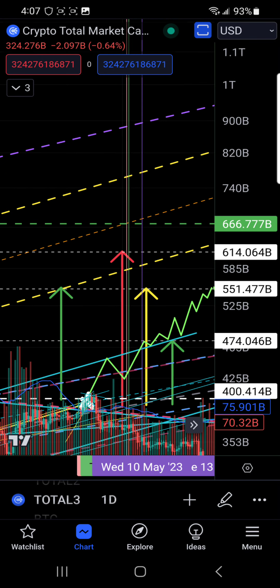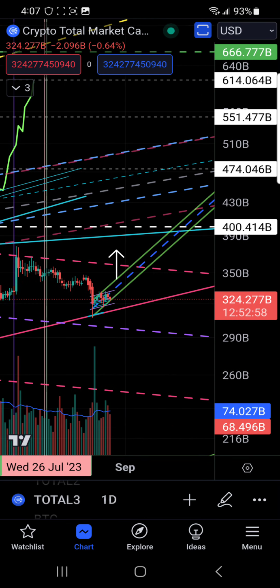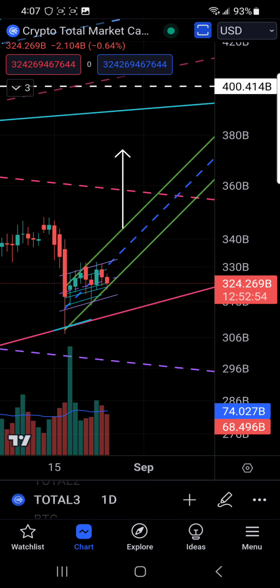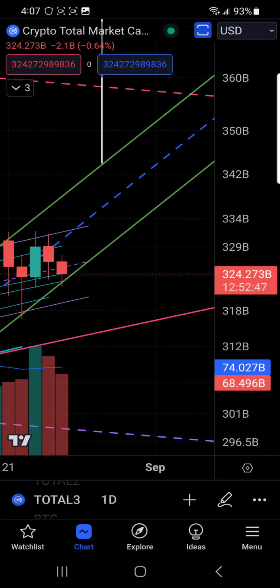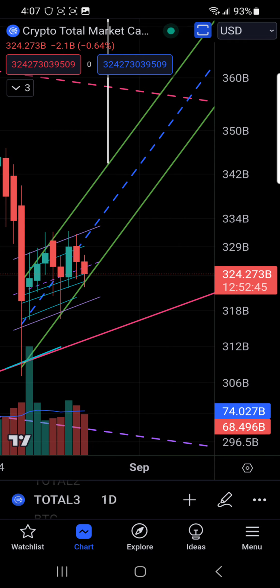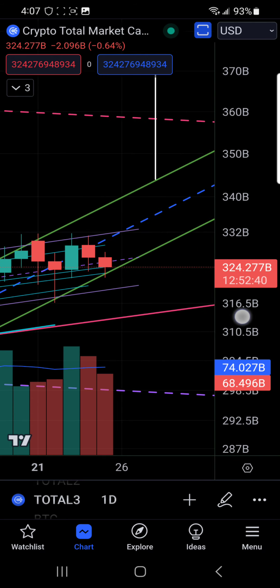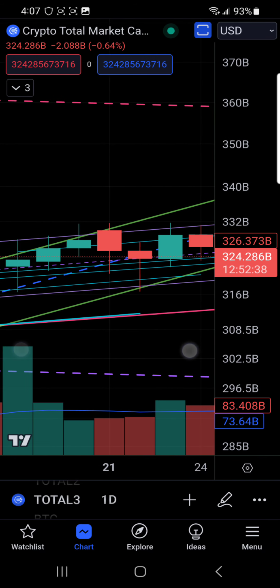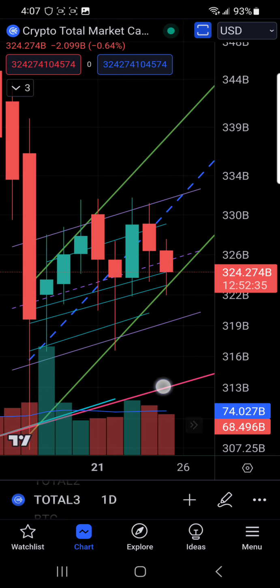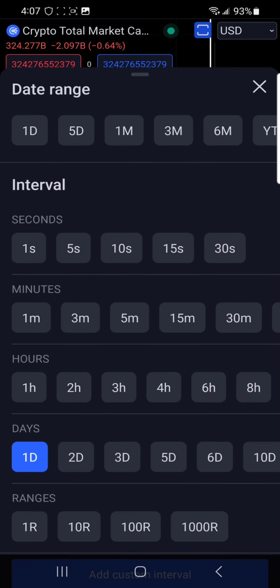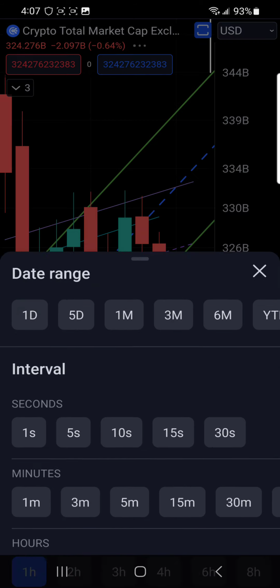All right, anyway, regardless, we've come back down to our red line, and also to the bottom of the green parallel channel. But you can see there's also a purple channel right there. It's very interesting. Let me switch to a 1 hour chart.